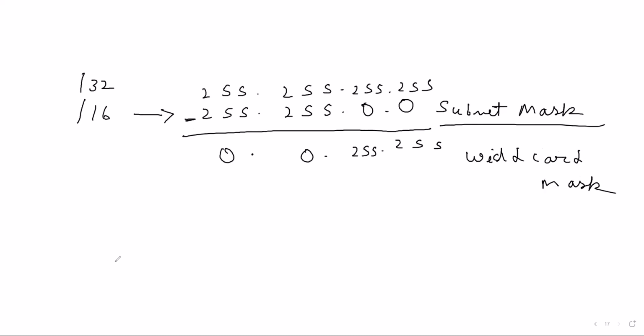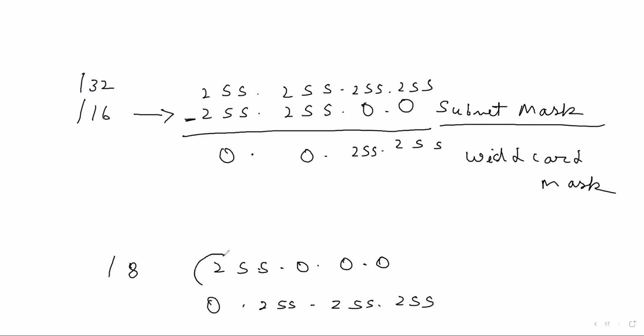Okay, guys, could you tell me, for /8, how will you find the wildcard mask? What would be my first step? Basically, you know what you can do? In the place where you have 255, you can put 0, and where you have 0, you can put 255.